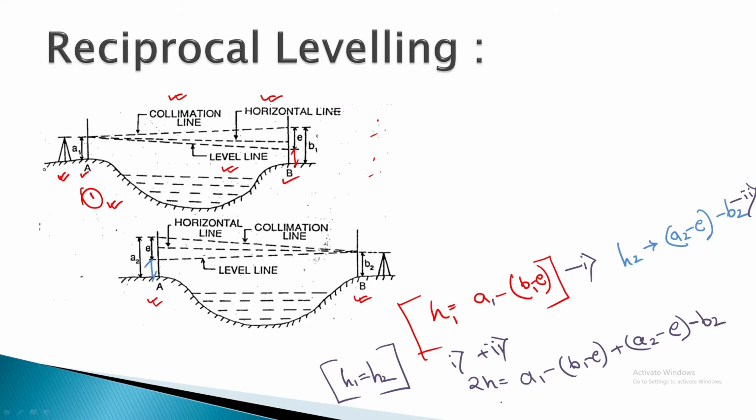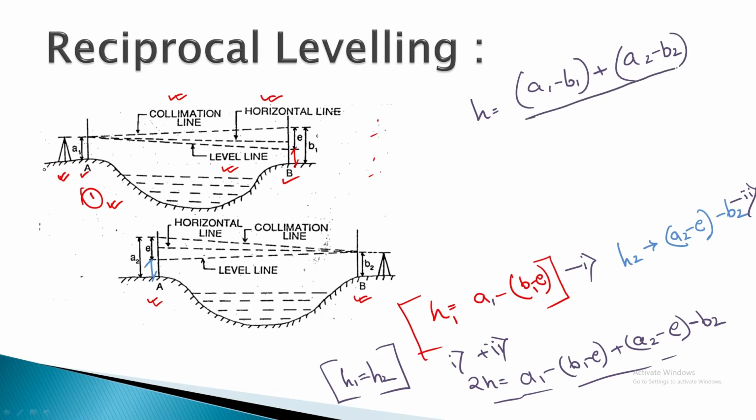By solving this equation, we can write that H equals A1 minus B1 plus A2 minus B2, divided by 2.